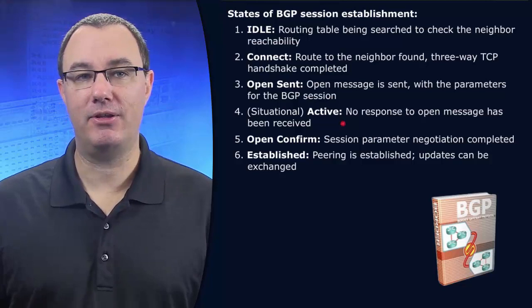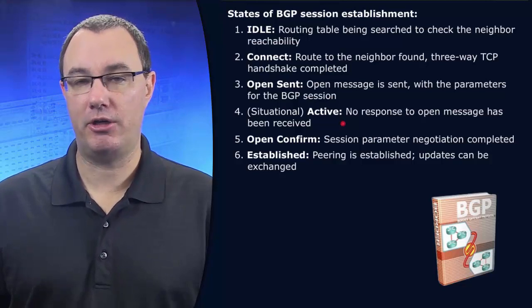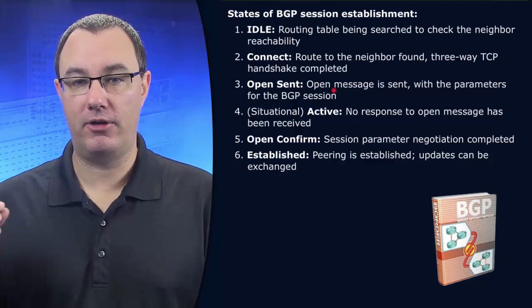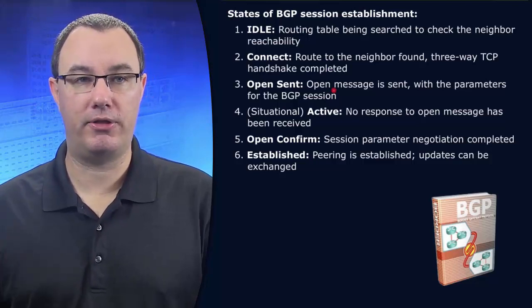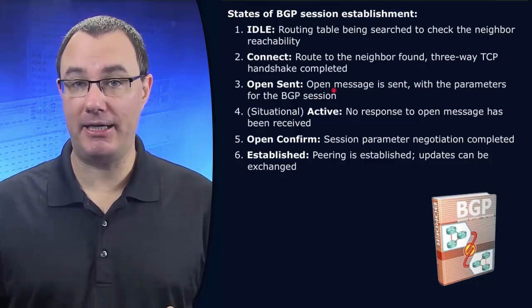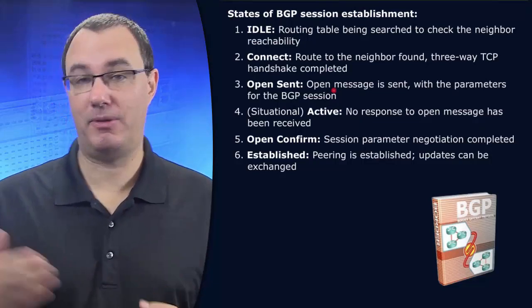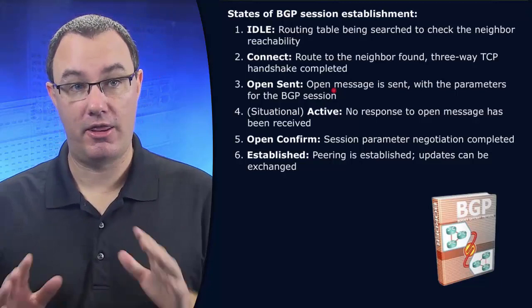Well, it might be that we are sharing information in our open message that is not congruent with the expectations of the far side. Maybe we're announcing ourselves as Autonomous System 1 and they expect us to be 5. That would be a problem.